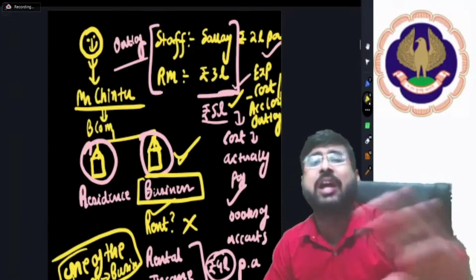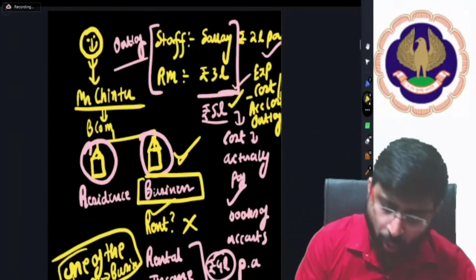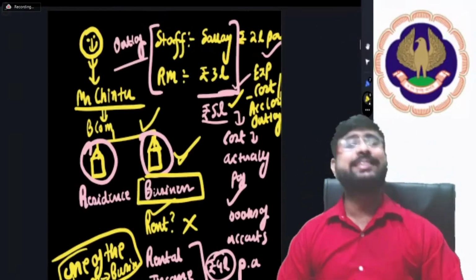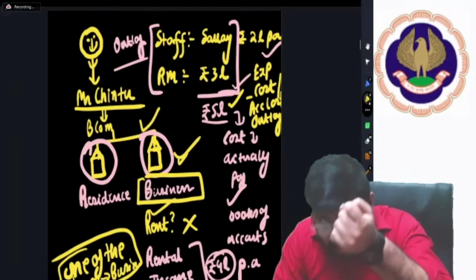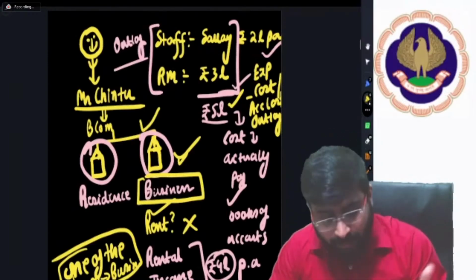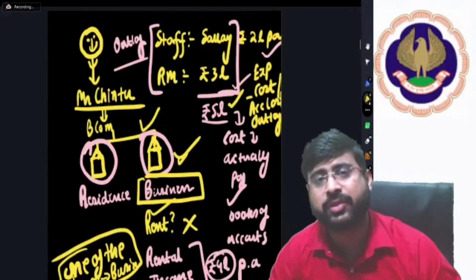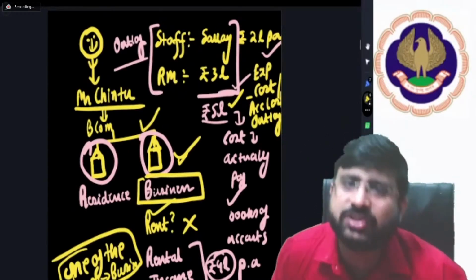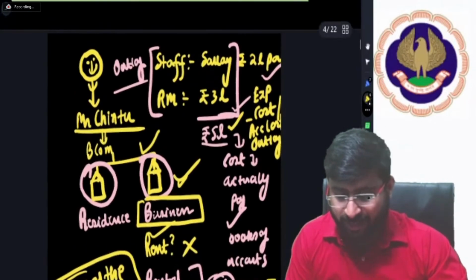No. Mr. Chintu said no to money. Why? Because he told that, okay, I will be doing business in this house, so I will not give it on rent. In this way, the rental income that could have come, why could it have come? Because Mr. Chintu was owner of the house. That rental income is sacrificed. That is called implicit cost.